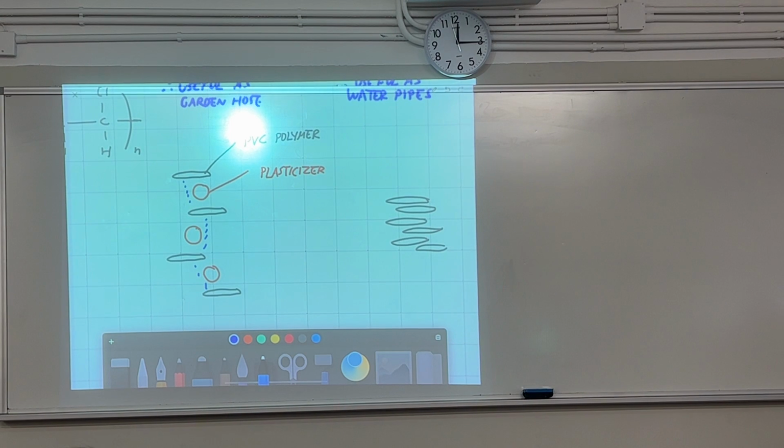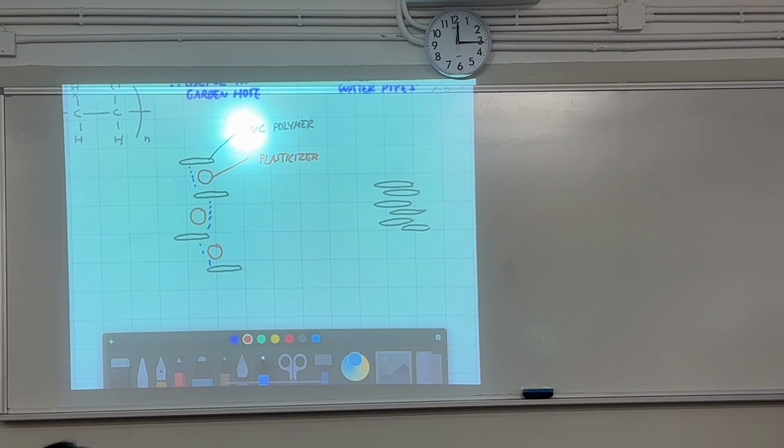So can you indicate the strength of intermolecular force here? With plasticizer added, what will happen? This is point number one. The PVC polymer chains cannot come as close together. And what is the consequence? Number three, the strength of intermolecular force decreases.